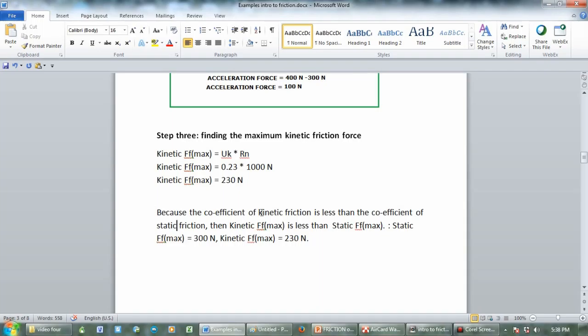Because the coefficient of kinetic friction is less than the coefficient of static friction, the maximum kinetic friction force is less than the maximum static friction force. In this case, the maximum static friction force is 300 newtons, and the maximum kinetic friction force equals 230 newtons.